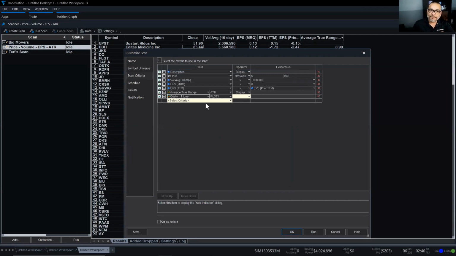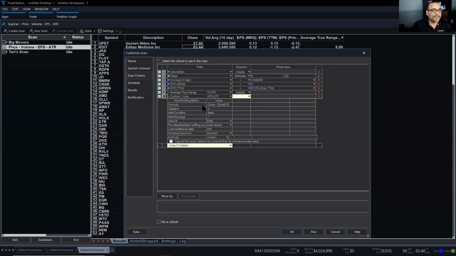I do have to expand the custom one line to have access to the inputs. So I click on the little plus here on the left-hand side. Here, I can see that it's using daily bars, and the formula is up here. Let me go ahead and remove whatever is in there.